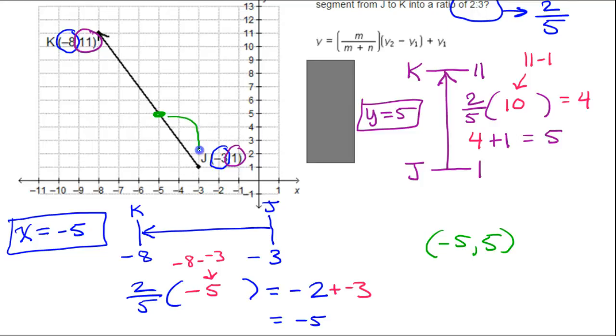So the ratio of this to this would be 2 to 3. See how this is shorter and this is longer? These lengths would have the ratio of 2 to 3. But anyway, that's all extra because all they really wanted was the y value. So we correctly found that the y value is 5.